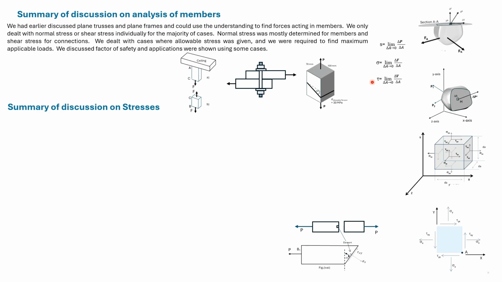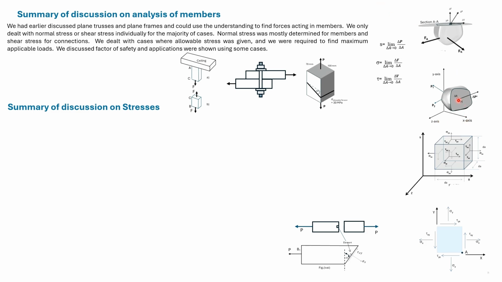Now, at a point in a structure subjected to external loads, there can be infinite planes that pass through that point. So infinite values of stress can be given at that point. In order to give the state of stress at a point in a body, we first consider a coordinate axis as shown here.